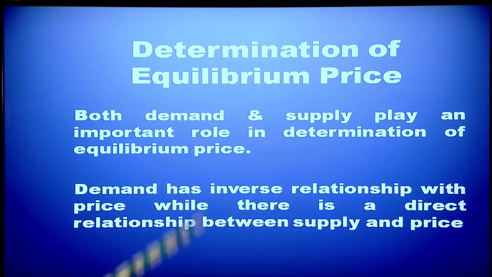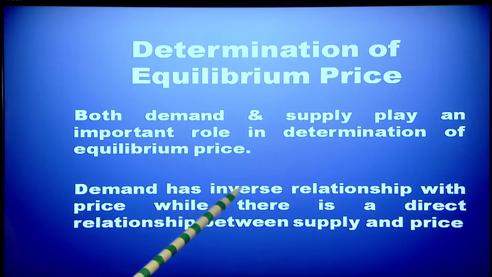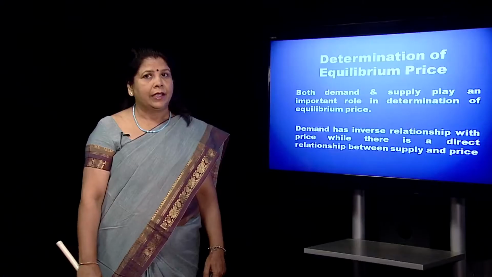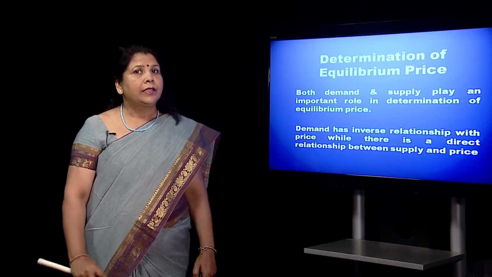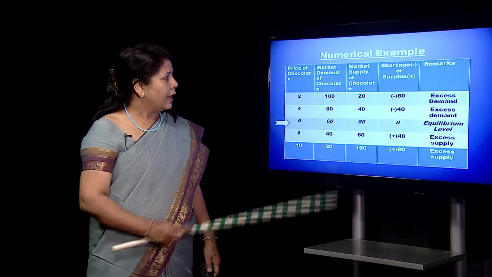Both are equally important. Demand has an inverse relationship with price. As we saw, it was a downward sloping demand curve, while there is a direct relationship between supply and price. Again, recall the supply curve was upward sloping.